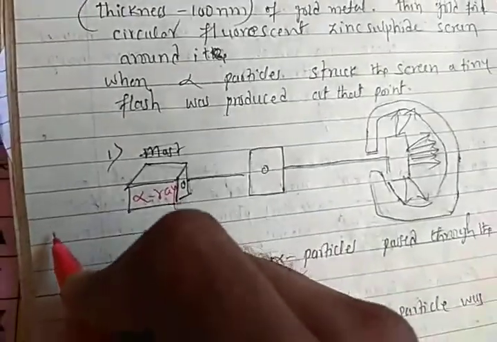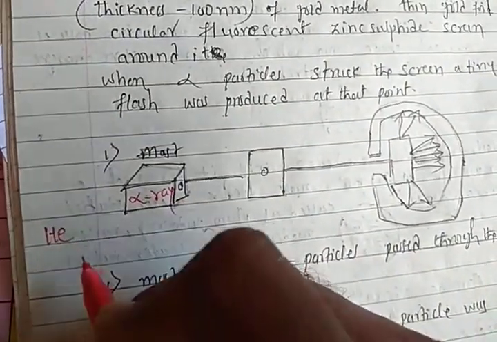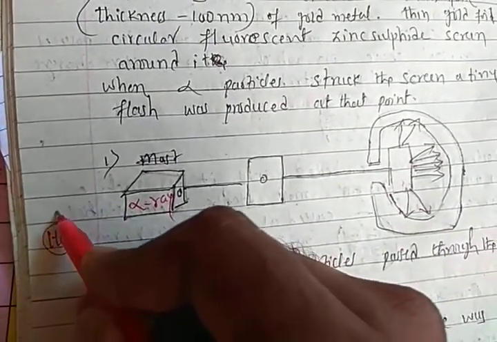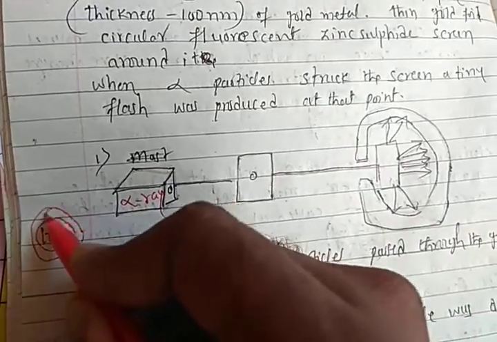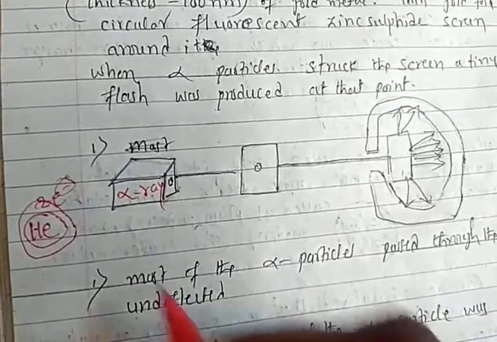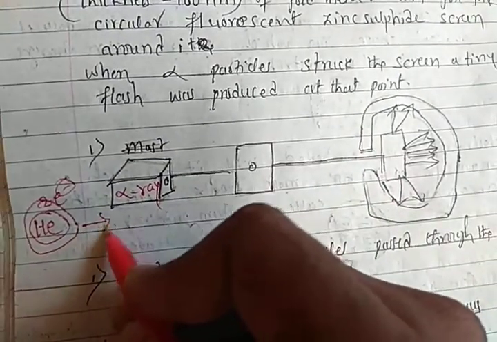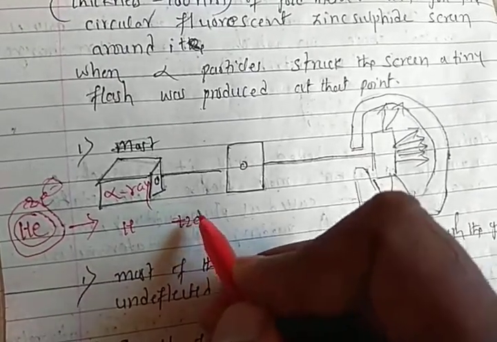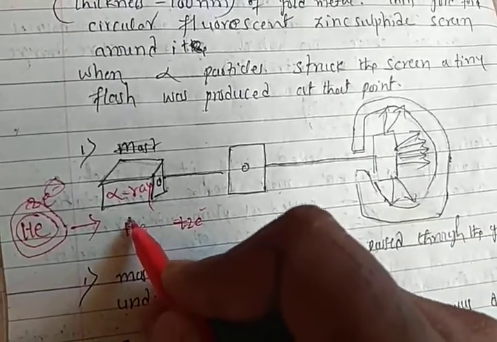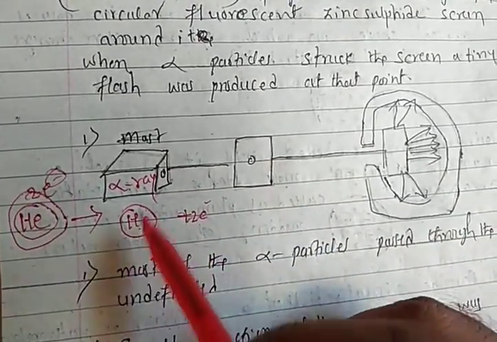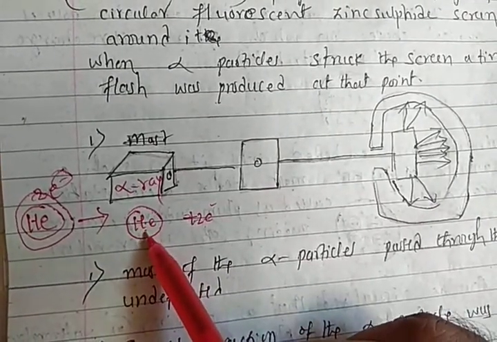Alpha ray means, students, the helium nucleus. Helium has atomic number 2, which means it contains 2 electrons. If you remove the 2 electrons from the helium atom, then only the protons and neutrons are left here.